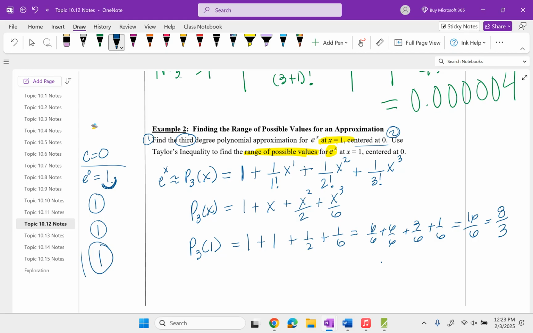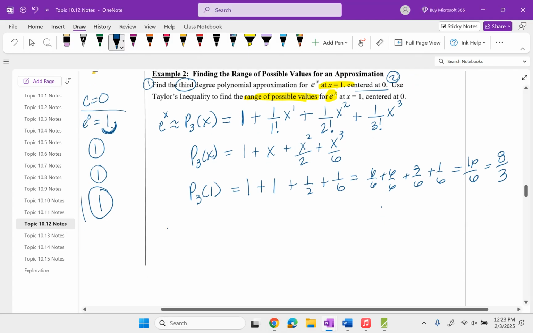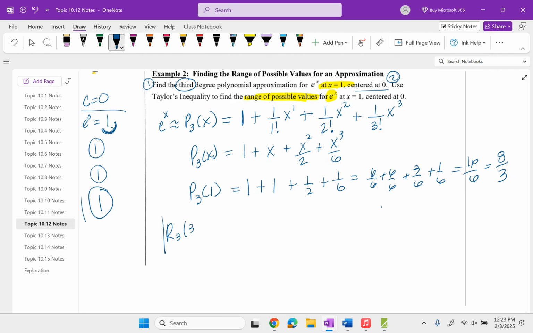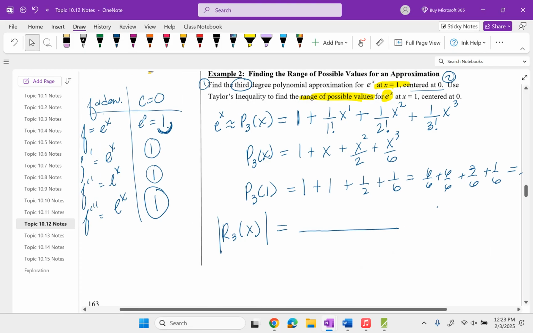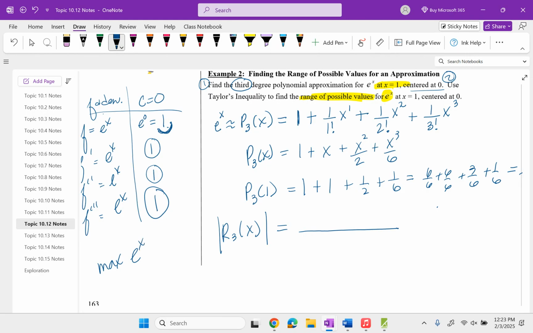Okay? All right, so now I'm applying my Lagrange remainder or error theorem. So we're doing R sub 3 at x. Oops. That's supposed to be an x. Okay, so I start with my maximum value. Okay. So I need to figure out my max for e to the x, but what are we evaluating it at? e to the first.